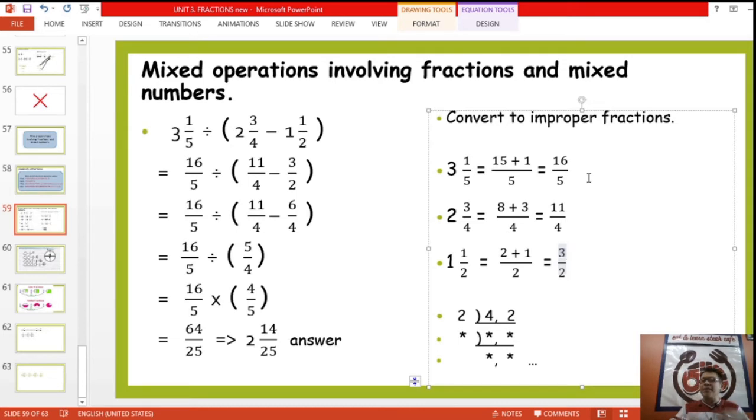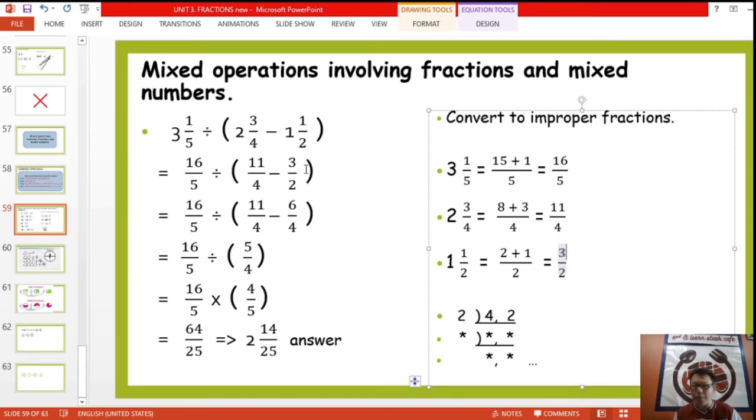After that, all you have to do now is put it all back to its original form. So we have 16 over 5 for 3 and 1/5, divided by this group. It's with a parenthesis, so we call it a group. So 11 over 4 is here, and 3 over 2 is here.